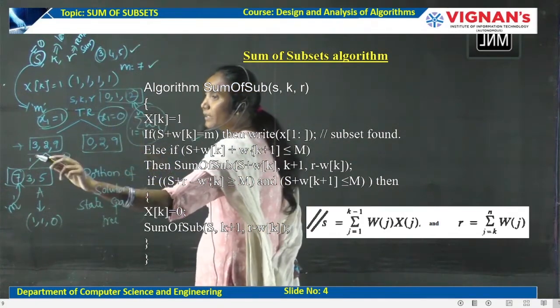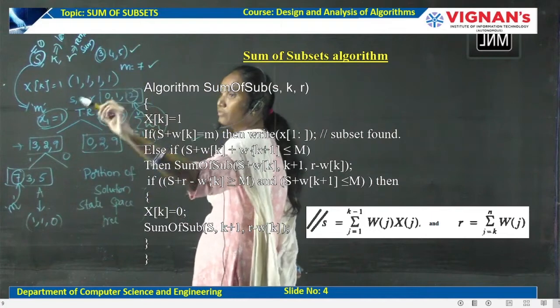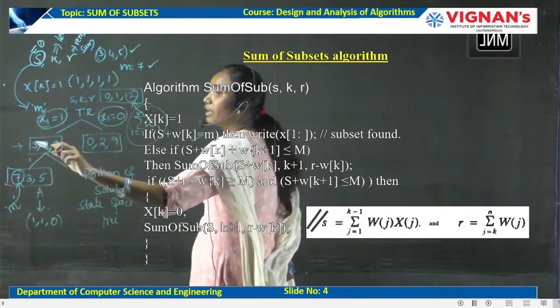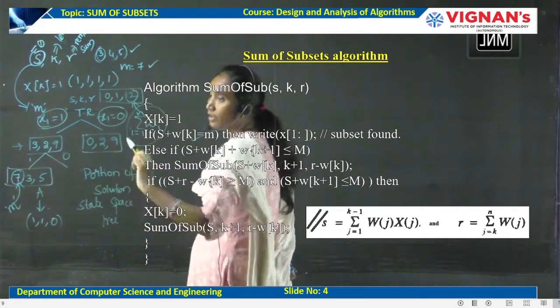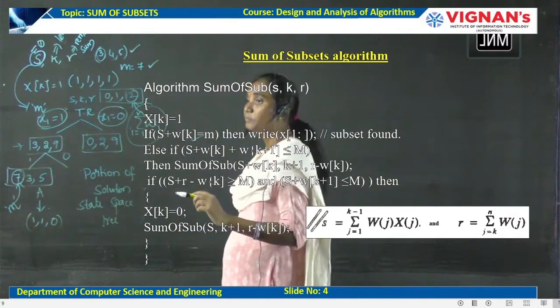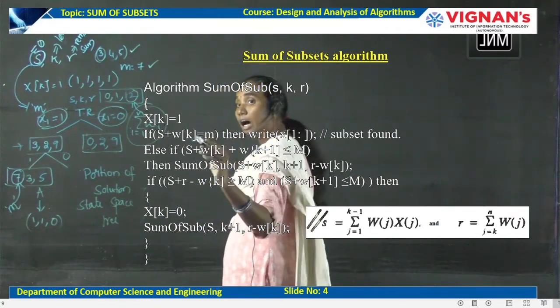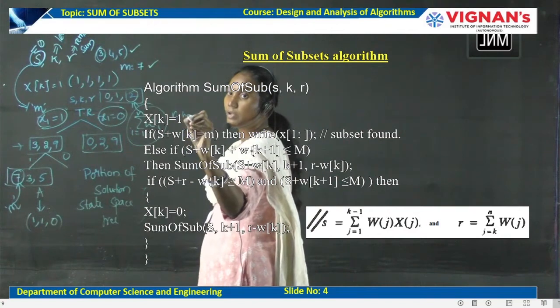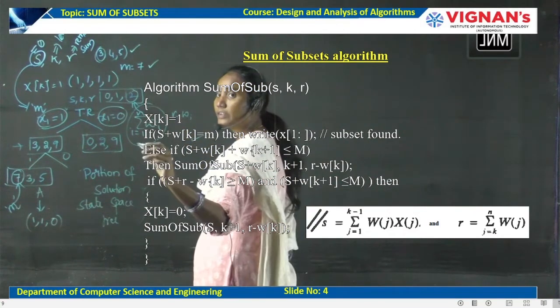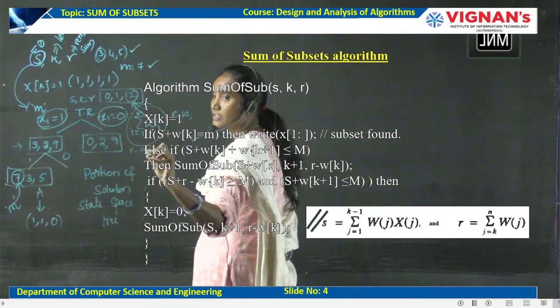Now what is the resultant sum? 0 plus w1, so 0 plus 3 which is equal to 3, and we have entered level 2. So 2, and the r value will be r minus wi. Even here also r minus wi.